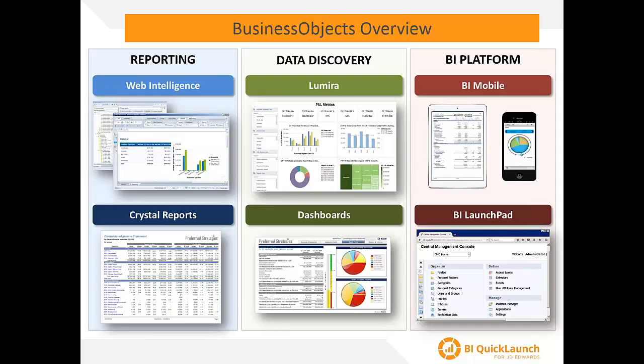And then from the platform, for those of you on 4.1 and 4.0, the InfoView or the platform has now been relabeled to the BI Launchpad, where you can manage your users and folders and groups, and there's been some changes to the way that security works from older versions to the new. And there's other client tools and other functionality. We're going to cover some of that today with the 4.1, but another example like BI Mobile is something we're going to try and show you at the end of this session as well.